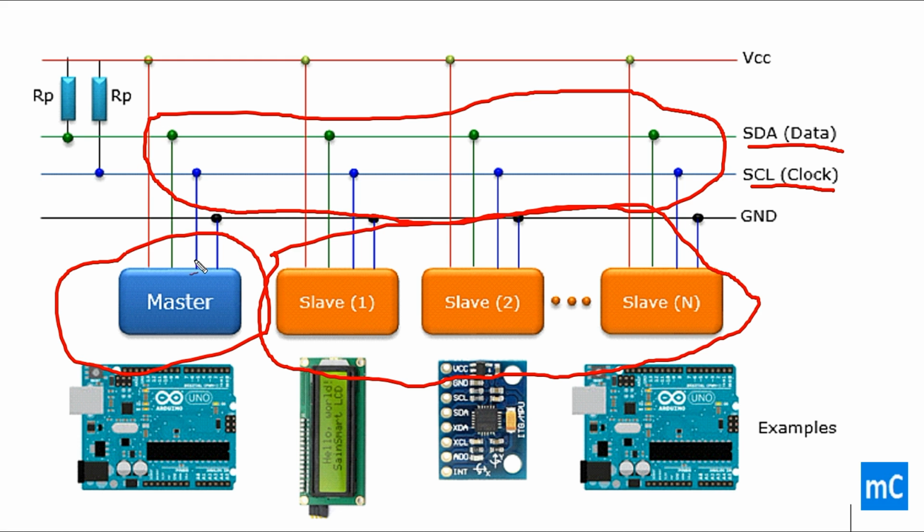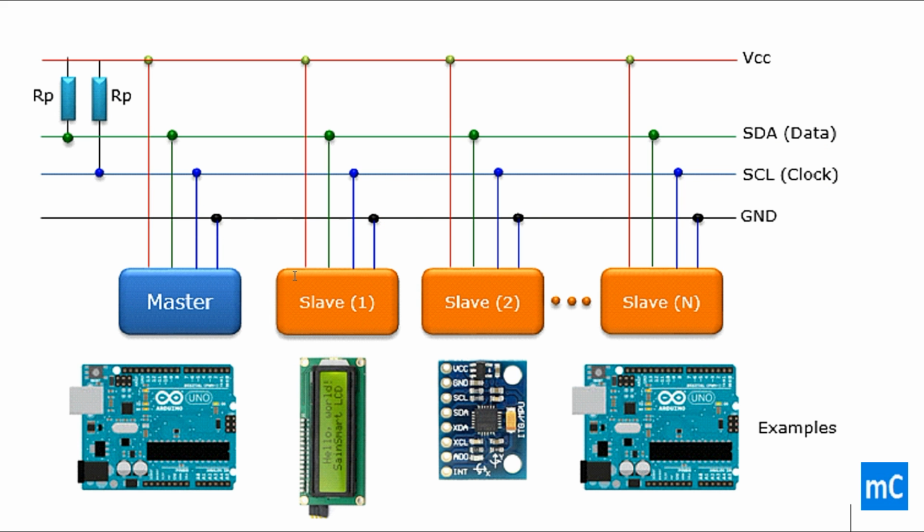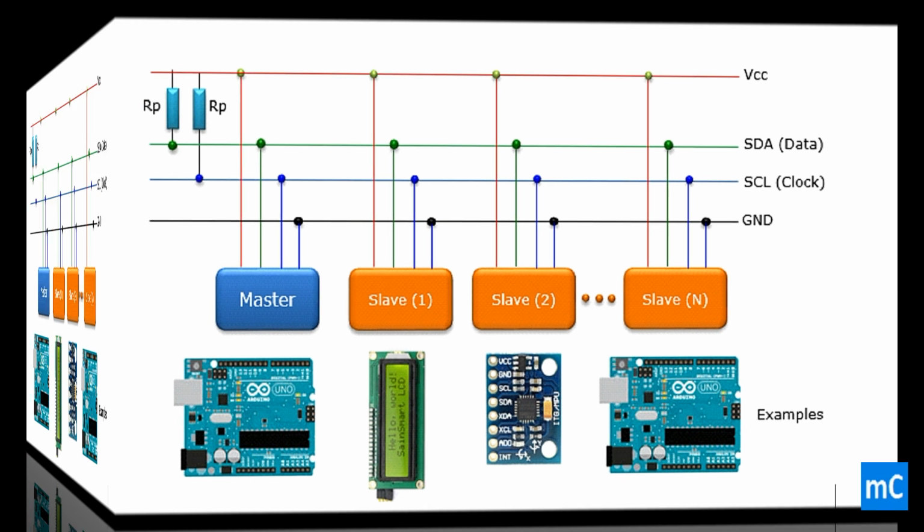From the master, only one SDA line and only one SCL line is taken out, so the number of wires gets reduced when we compare it to SPI communication, which increases the number of lines as the slaves increase. This is one of the advantages of the I2C protocol. We will move further.